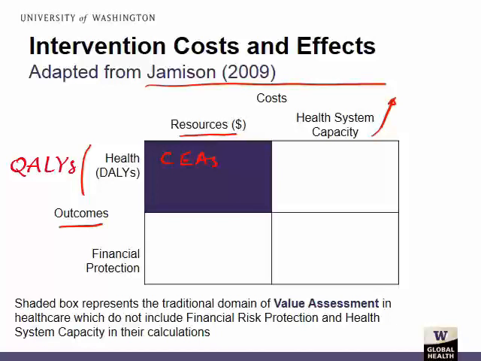And some analysts are now beginning to do what we call extended cost effectiveness analysis, which are a combination of these two in terms of finding how, if interventions increase resources, not just how much health do they buy, but how much financial protection do they buy in terms of number of cases maybe of poverty that are averted.